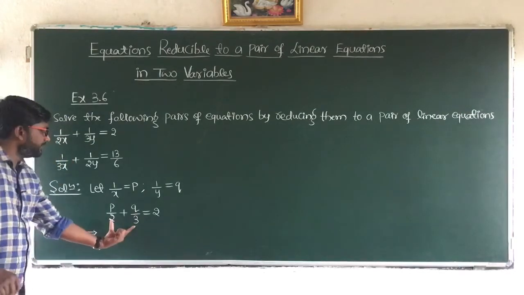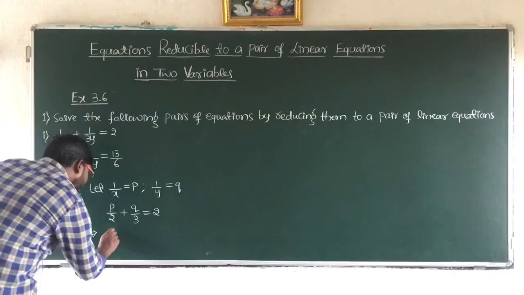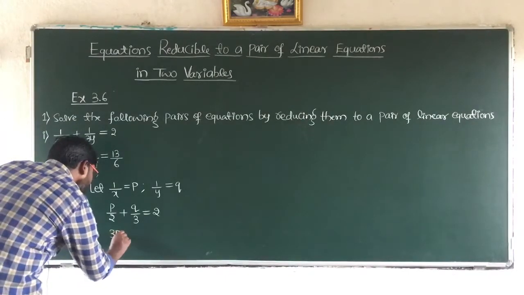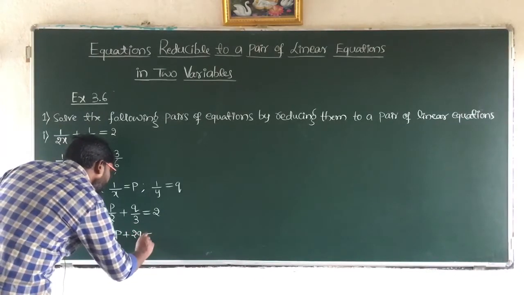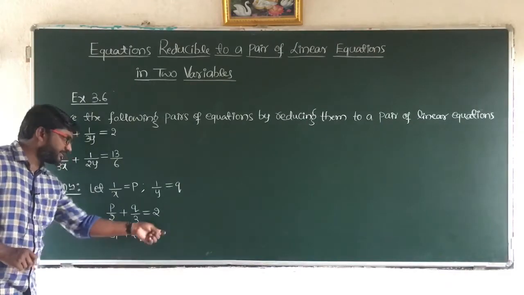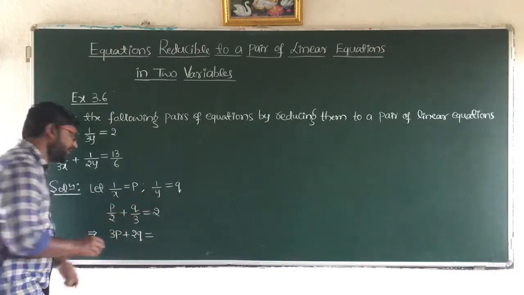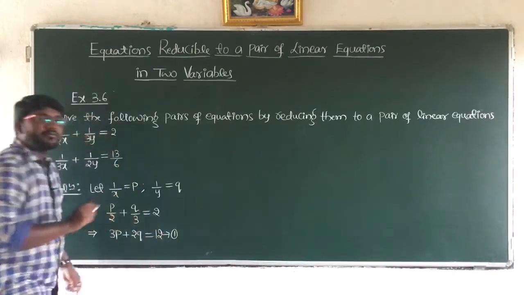Let us take the LCM, which is 6. So we get (3p plus 2q) divided by 6 equals 2. I take 6 to the RHS, it will be multiplied with 2, we get 12. I call this equation number 1.